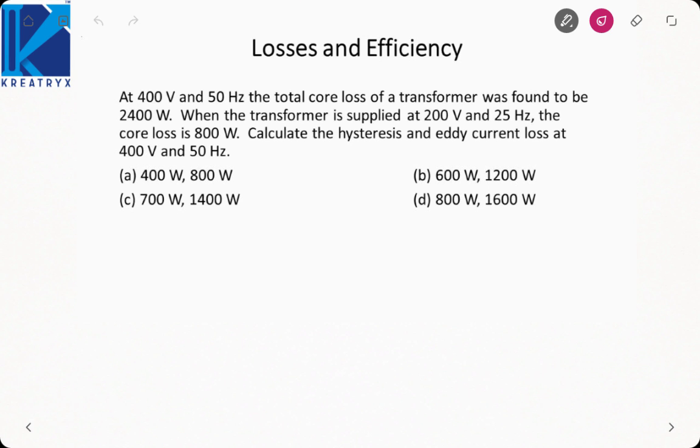Moving on to the next type of problem that can be asked is losses and efficiency. Now what kind of losses are there in a transformer? The first one is called iron loss, which is hysteresis plus eddy current.